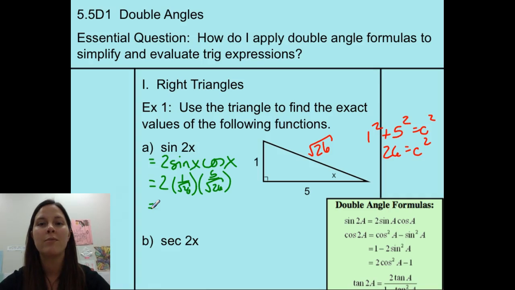So don't waste your time doing that in the middle of the problem. In this example, we're going to multiply that 2 times 1 times 5 all in the numerator, and the square root of 26 times the square root of 26 simplifies to 26. Those radicals cancel. So we can simplify our fraction, dividing each by 2. We get our sine of 2x is 5/13.